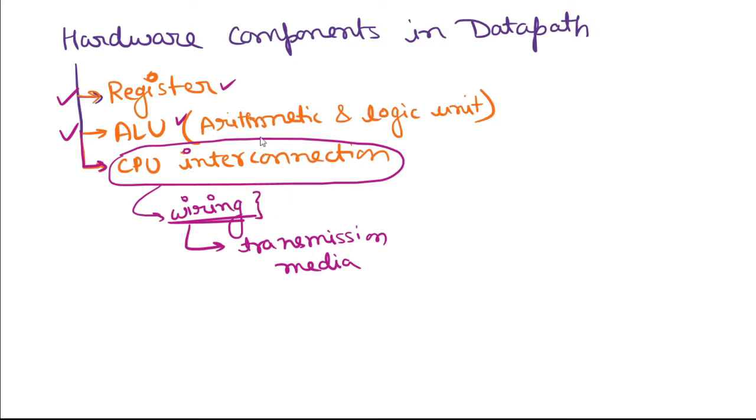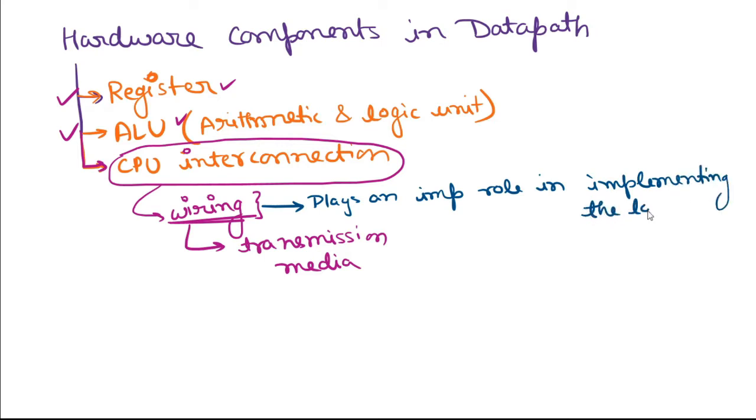But this wiring is very important because it plays an important role in implementing the logic. How one register is connected to another register, or how one register is connected to ALU, is how we implement the logic. So wiring is a very crucial part in implementing the logic. It also acts as a transmission media.